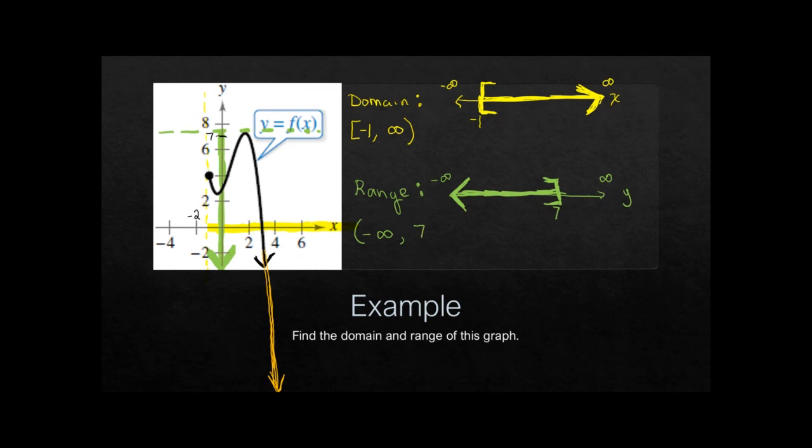At the right, we stopped at 7, which has a bracket. So that makes our range negative infinity to 7. These are both written in interval notation, and it's easier to write interval notation than trying to write every single possible number that you could have there, because you can't.